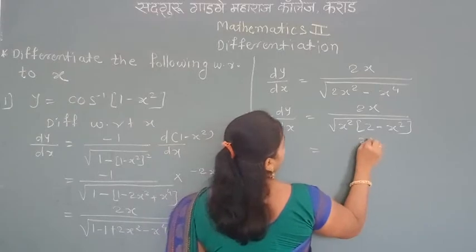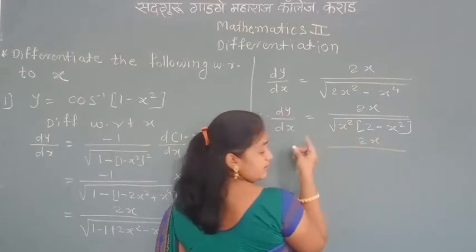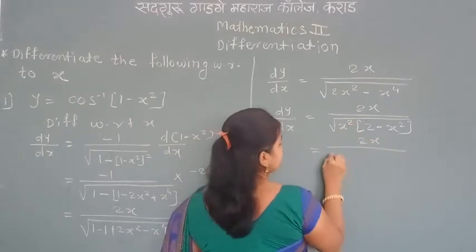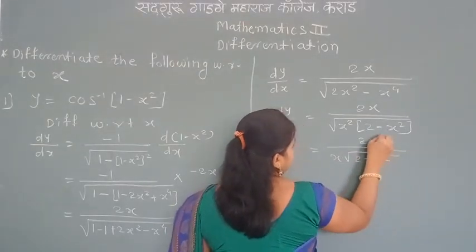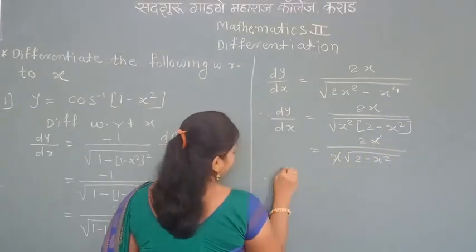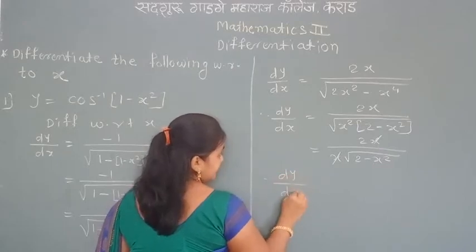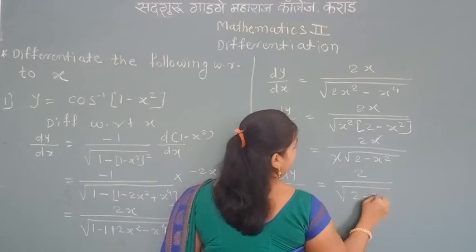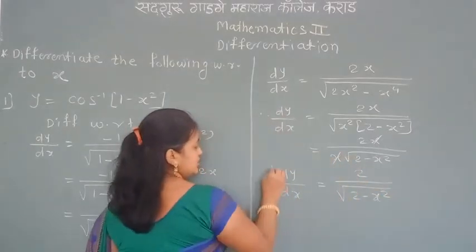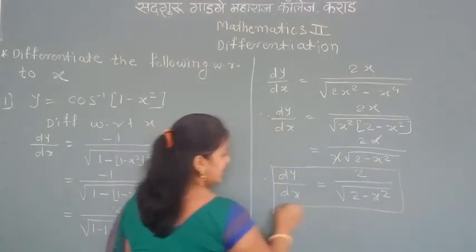So 2x divided by x times the square root of 2 minus x square. x is cancelled. So we get the final answer dy by dx is equal to 2 upon square root of 2 minus x square. So this is your final answer.